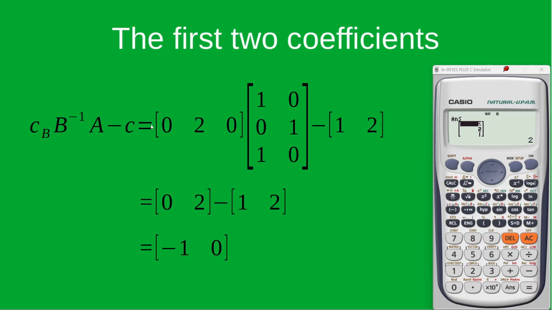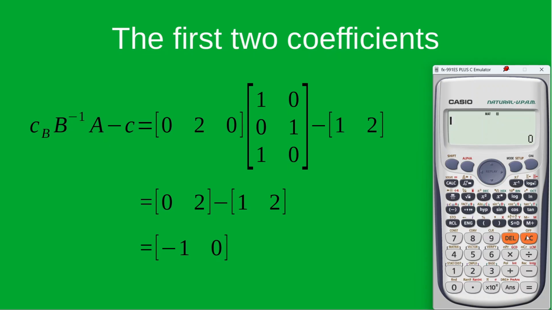Remember, we cannot multiply a 1 by 3 matrix in the Casio calculator. I can show you mode 6. And let's select matrix A itself. We do not have a 1 by 3 matrix to be entered in the calculator. It doesn't allow you. So we cannot perform this multiplication.